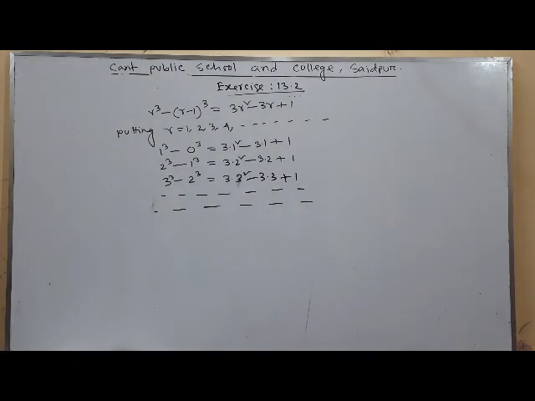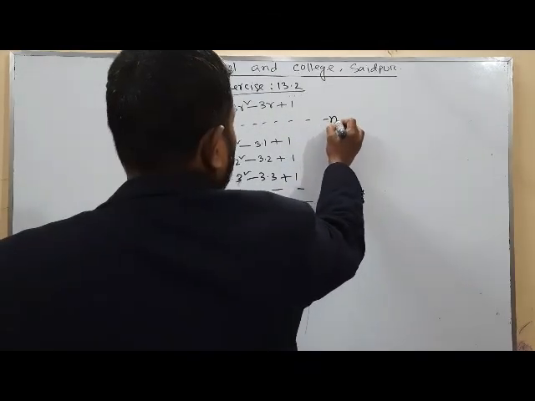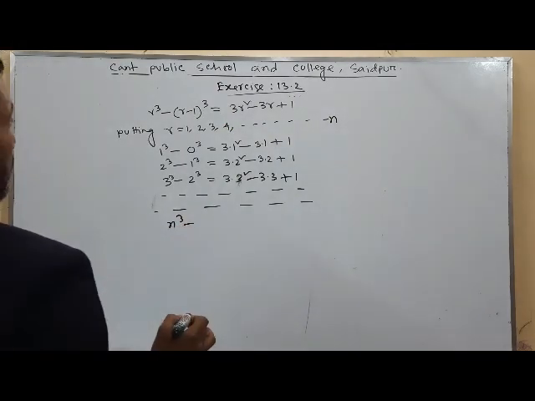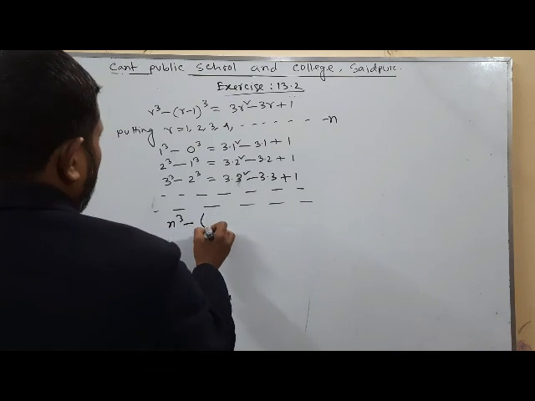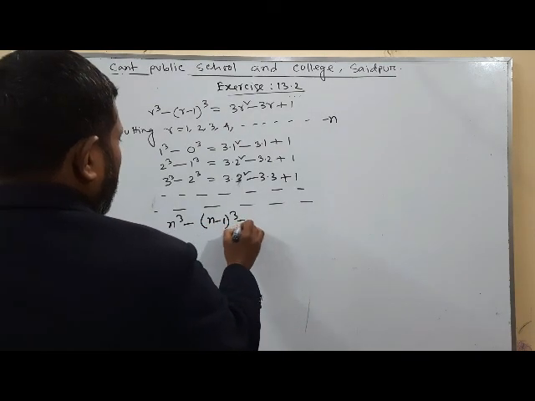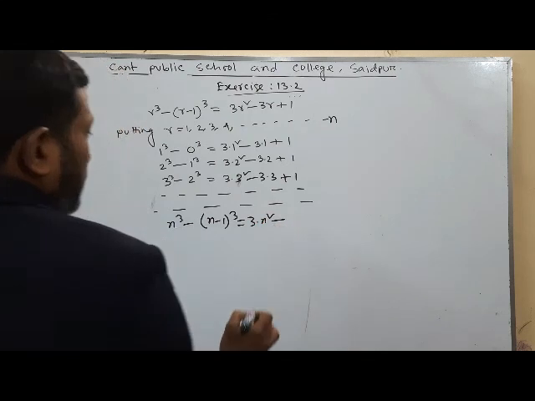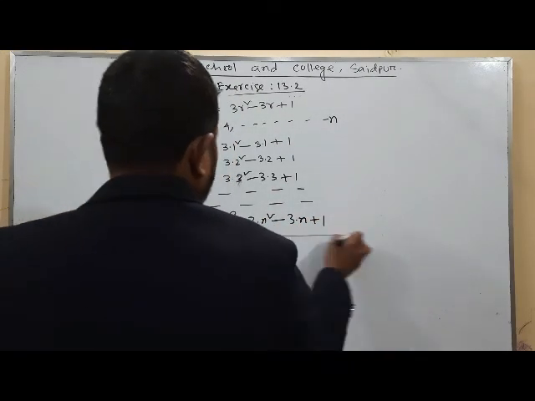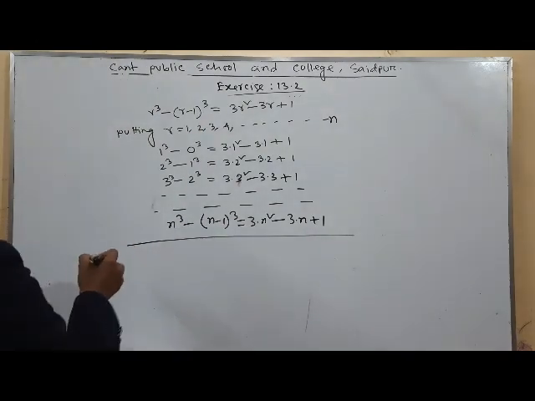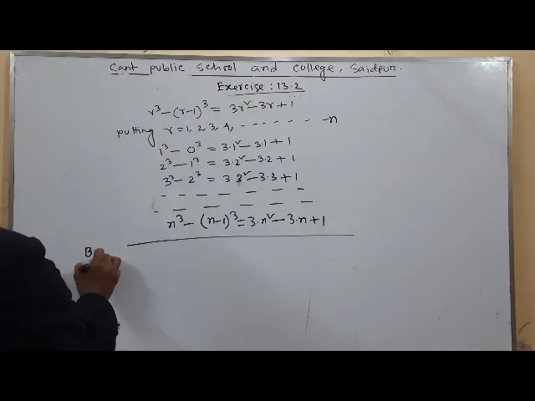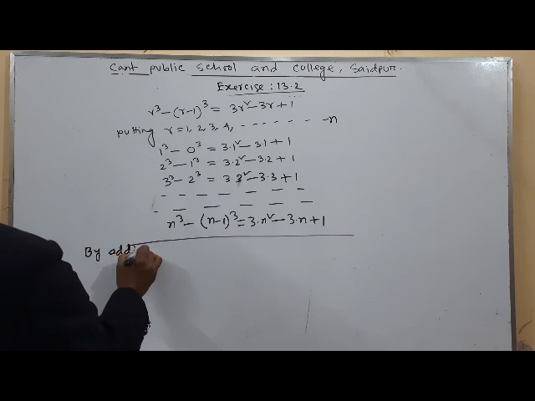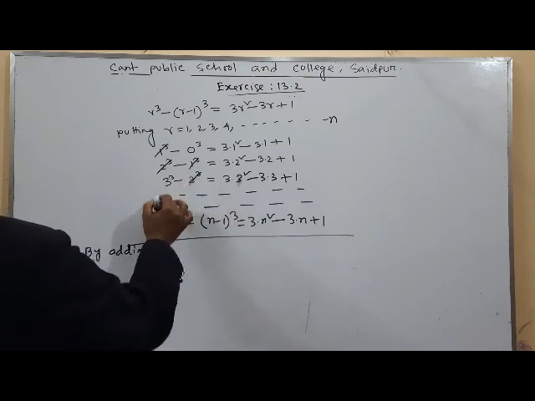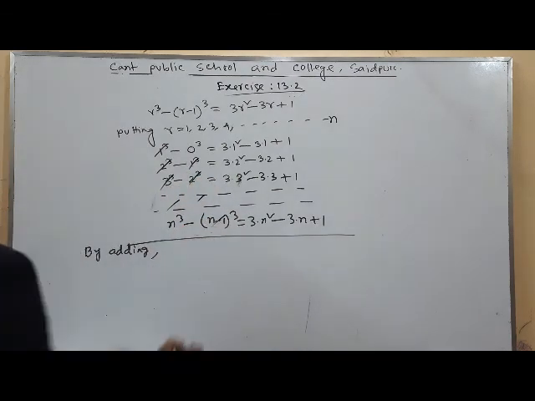If we write r is equal to n, then we get here n cube minus (n minus 1) cube is equal to 3 into n square minus 3n plus 1. By adding, we get here 1 cube will cut, 2 cube will cut, 3 cube, like this will cut.